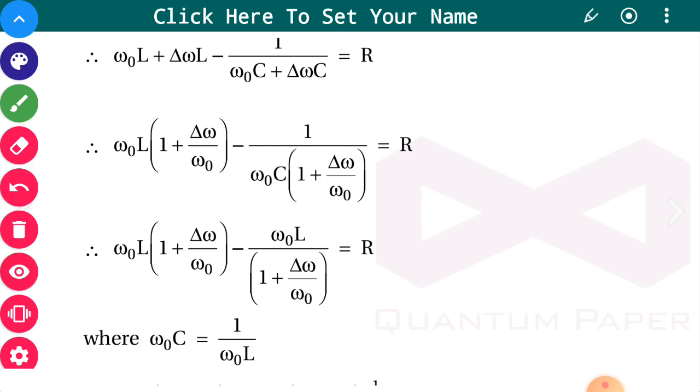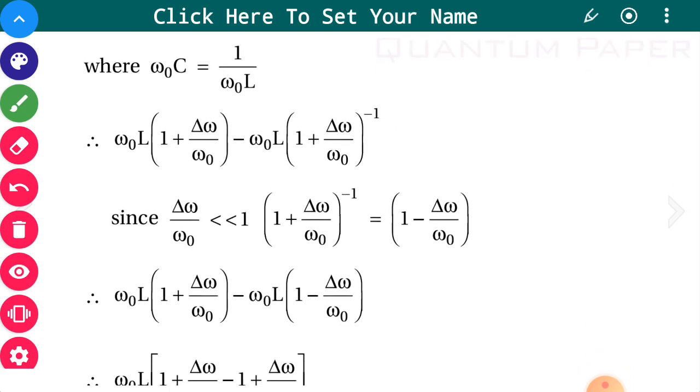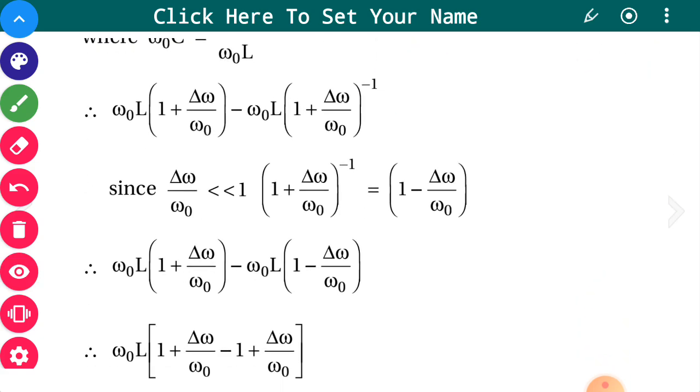Very easy to understand now. Omega 0 L is taken common, and this 1 plus delta omega upon omega 0 is taken in the numerator. That is why it is raised to minus 1.